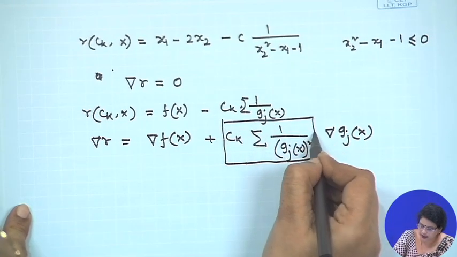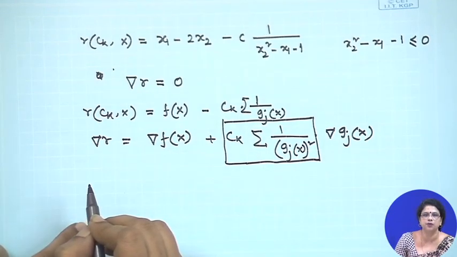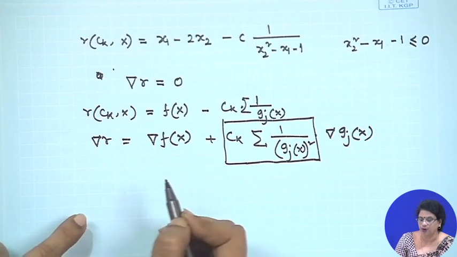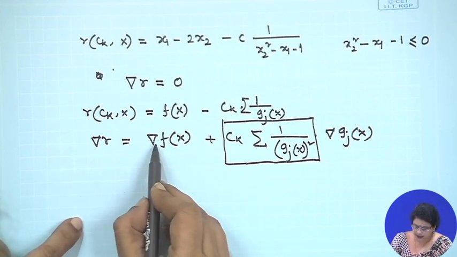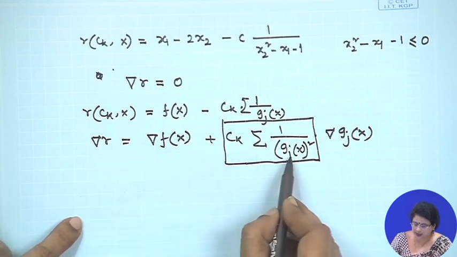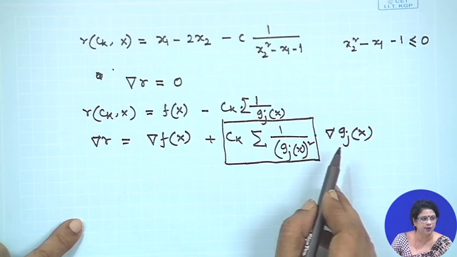Okay. Now, look at this term; you recall the Kuhn-Tucker condition. What was one of the conditions in the Kuhn-Tucker condition for inequality constraint? That was grad of f(x) plus Lagrange multiplier grad of g_j(x).